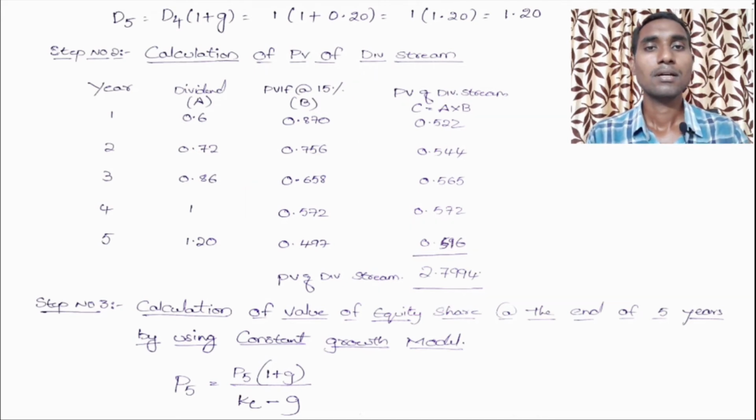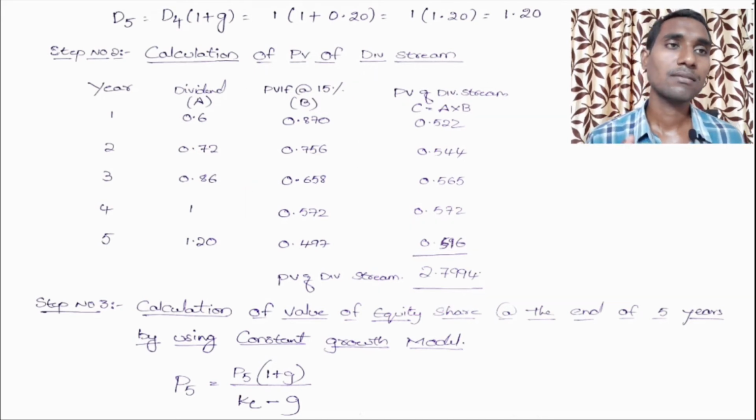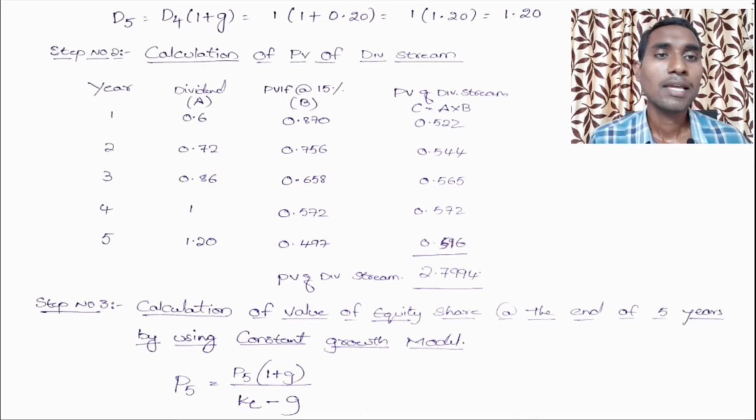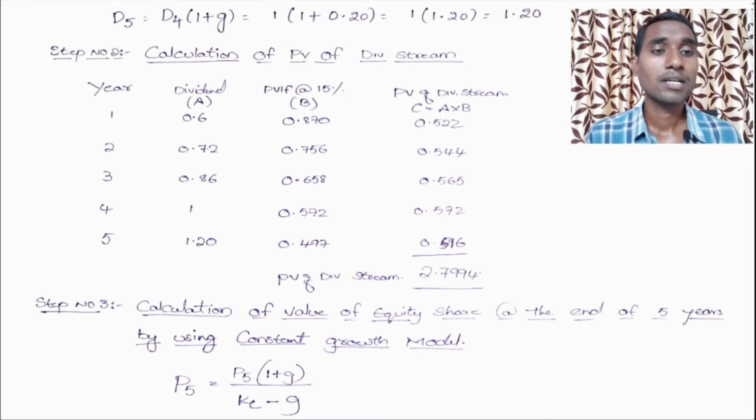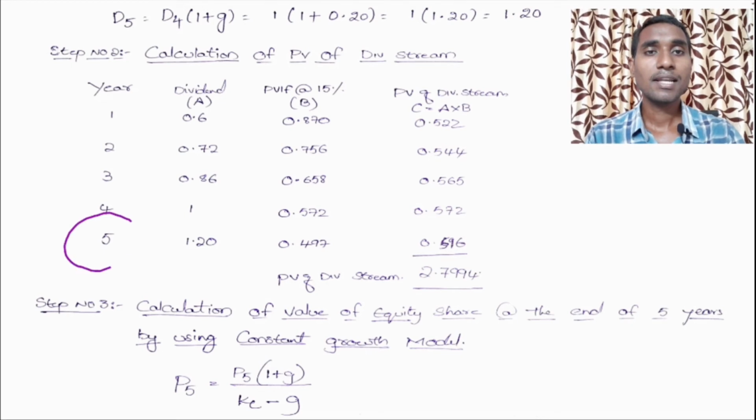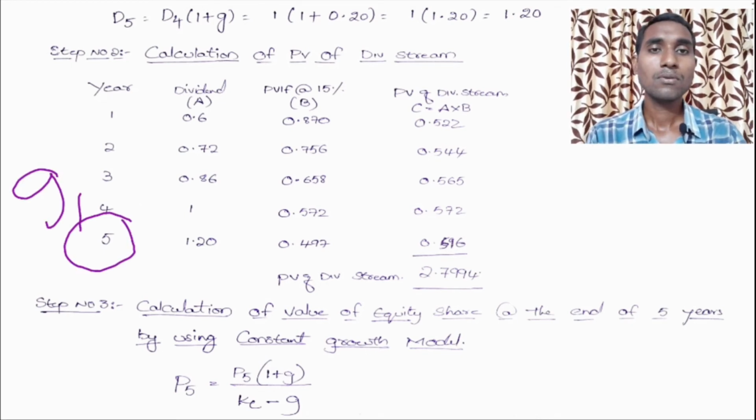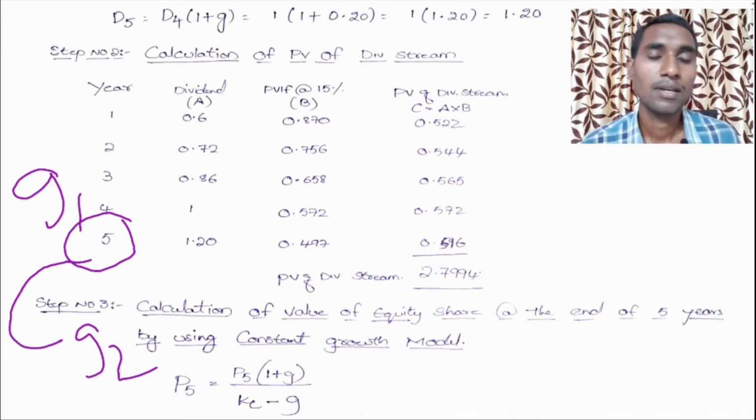Now, once step number 2 is done, we go ahead with step number 3. Step number 3 is calculation of value of equity share at the end of 5 years, that means at the end of the supernormal growth period. So when the 5th year is ending, the G1 period is ending. Now at the end of the 5th year, G2 comes into the picture.